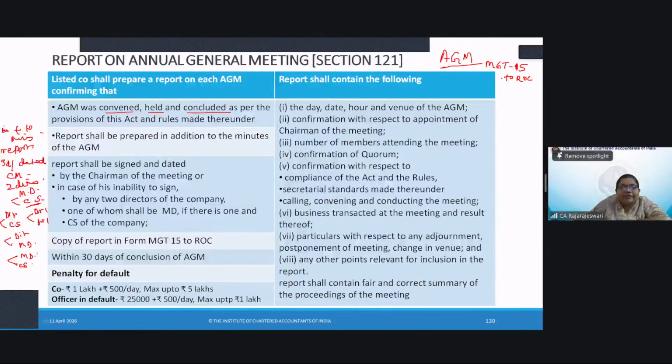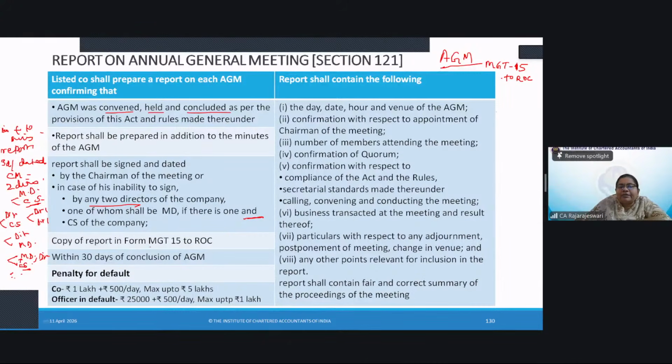It should be signed by the MD and a director, plus a company secretary, because the Act is saying by any two directors. The company secretary is not a director. So in that case, MD and director, any two directors, and where there is a company secretary, he should also be a signatory. That is the concept.